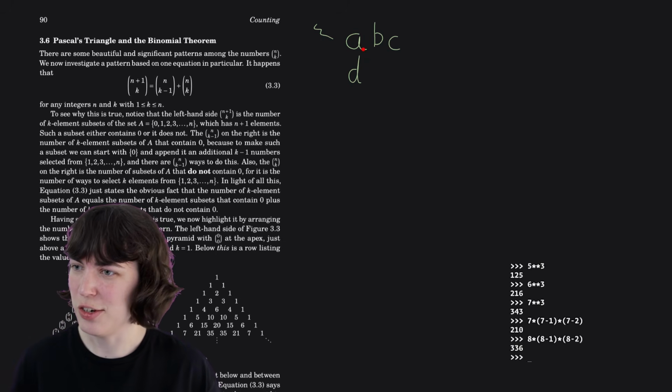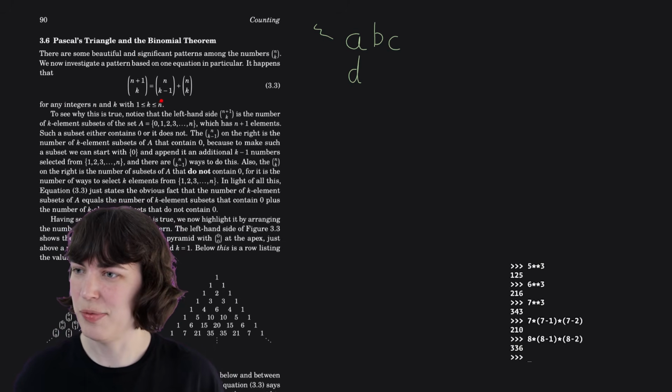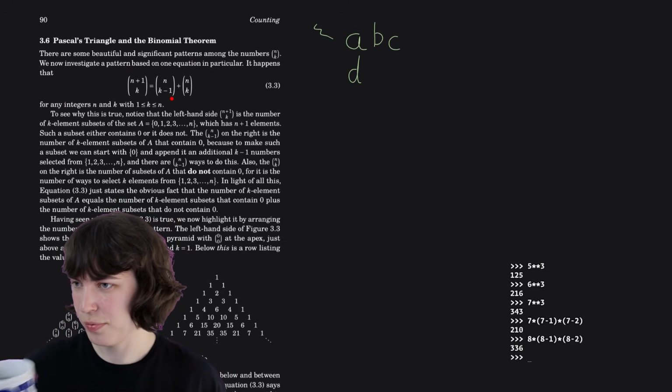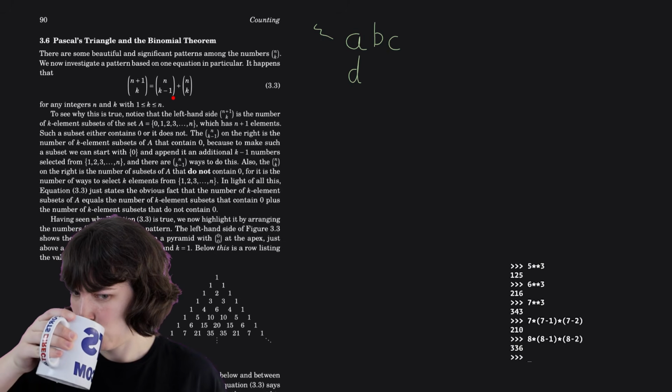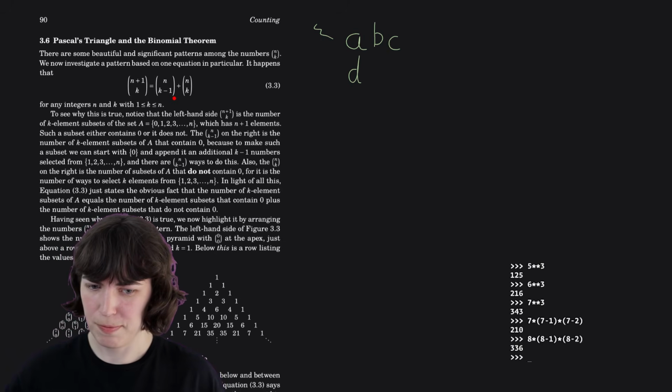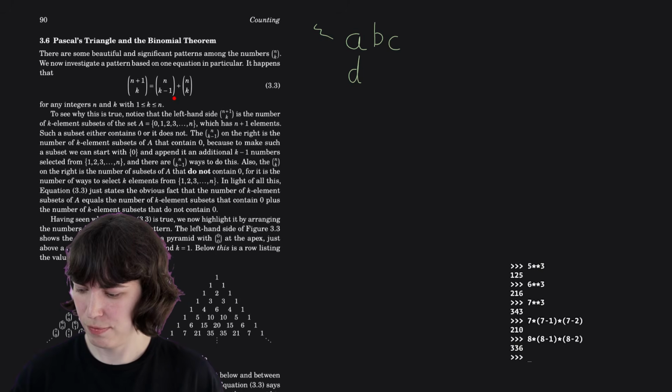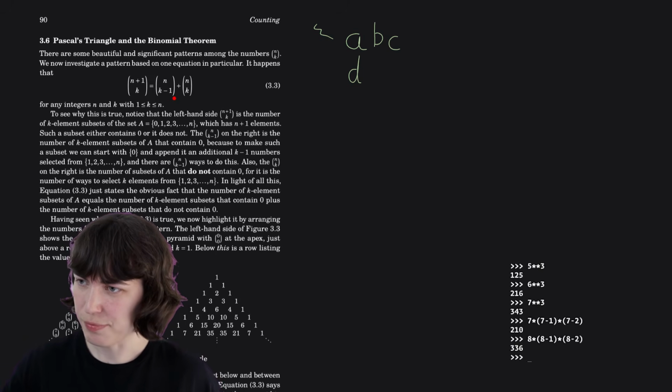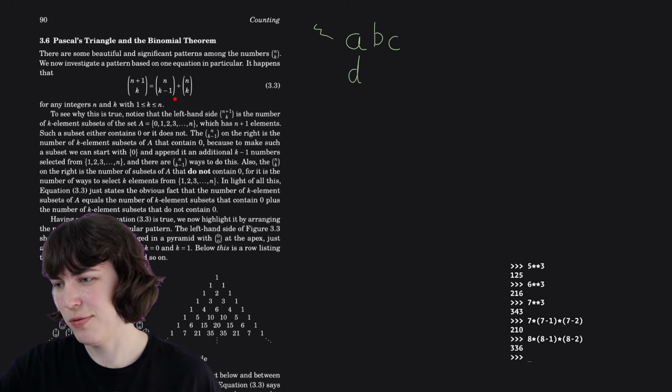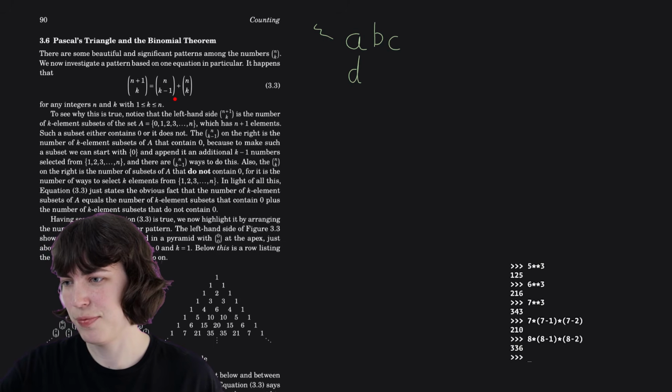Binomial stuff. Okay, for any integers. So this is kind of odd. Don't you think? It's kind of funny that that's the case. Let me try and think about that for a second.